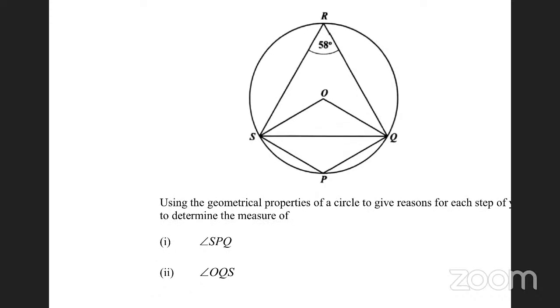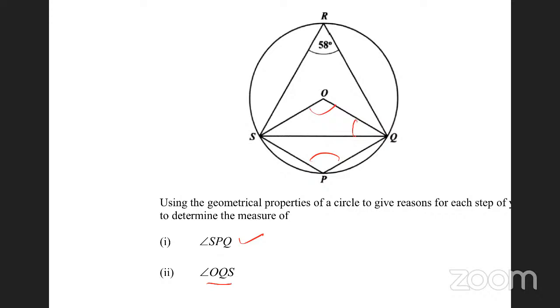They asked us for SPQ, that's right here. What's the rule for that one? The cyclic quadrilateral, right? You're okay with that? And then they asked us for OQS right here. So you will work out this angle and then use the isosceles triangle.